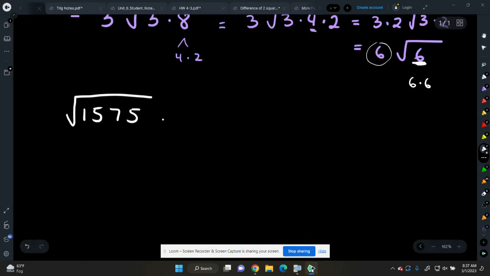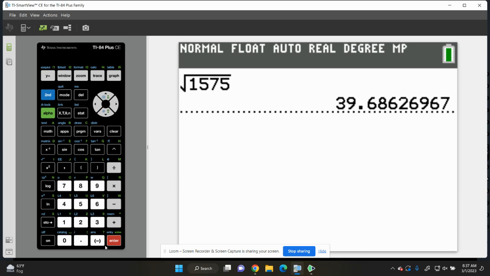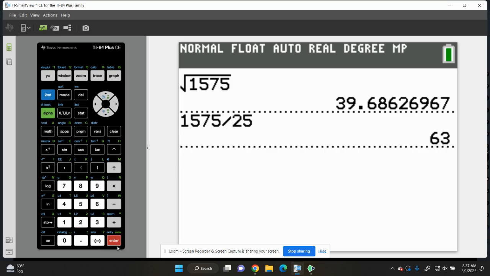So 1575 is not a perfect square, right? The square root of 1575 comes out to a decimal. But since it ends in 75, I am pretty certain that it is divisible by 25. Yes. So there we get 25 times 63.